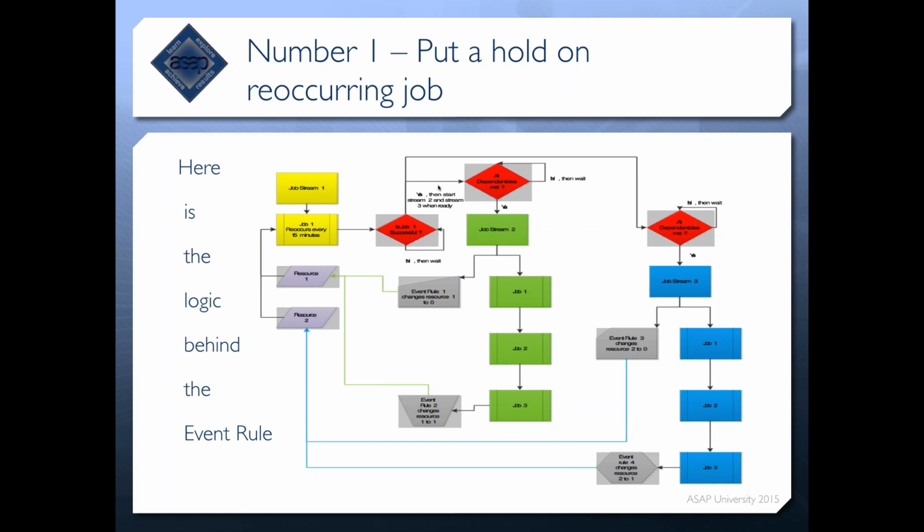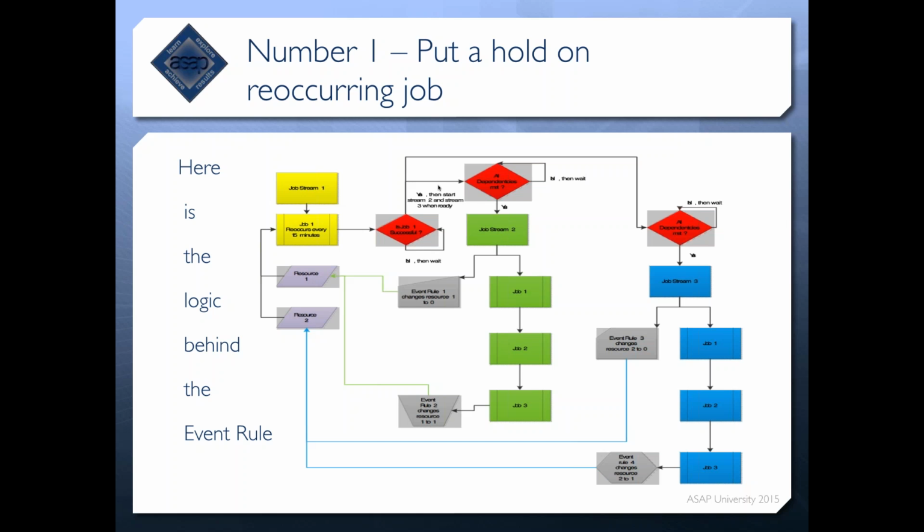Then job stream 2 cannot start, because we do not want job stream 2 to start until the recurring job is finished. If it's running, we don't want job stream 2, and the same for job stream 3. So one of the dependencies is the recurring job running?